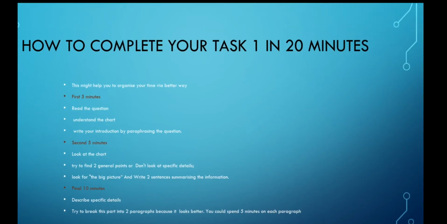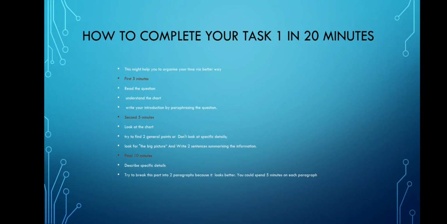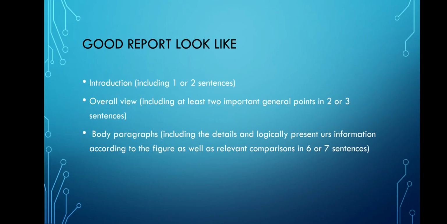Even the examiner does not want to read a lengthy paragraph. If you divide the information, then the examiner knows that here you mention the decreasing process, here you mention the increasing process. In comparison cases, here you mention this, here you mention that.